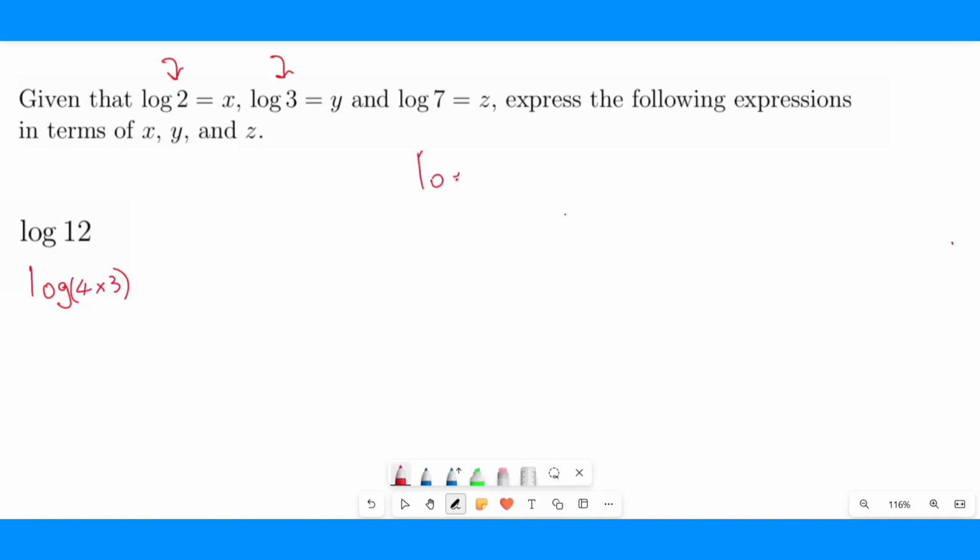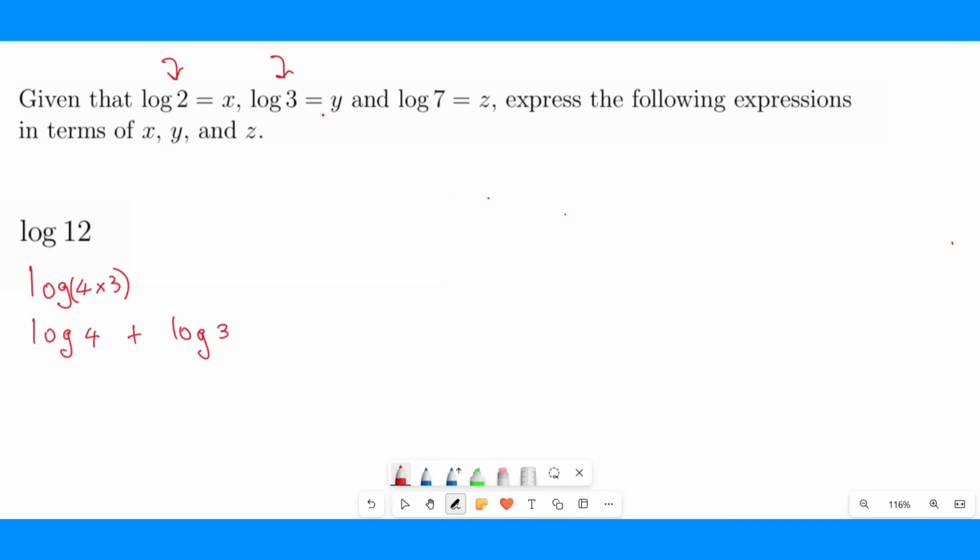But there is a log rule that suggests that if I have the log of A times B in the same base, then this can be represented as the log of A plus the log of B in that same base. So we are going to split this. This can be represented as log of 4 plus log 3.